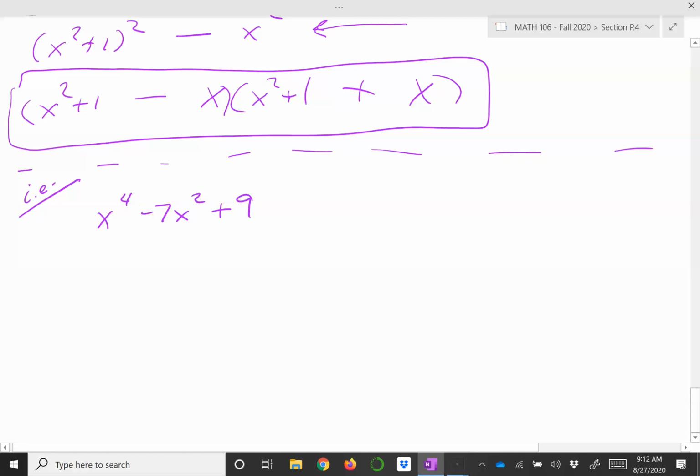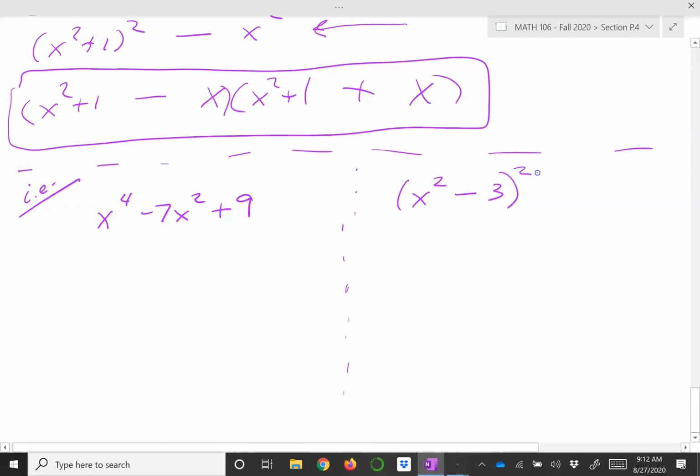Here's another one. All right, again, all I'm going to do as an aside, not a part of the problem, although you can show this if this ever came up on an exam or quiz. You look at the first term, it's x to the fourth. Well, its square root is x squared. And what's the square root of 9? 3. Now, because I have a negative sign in front of the middle term, I'm going to make this one negative.